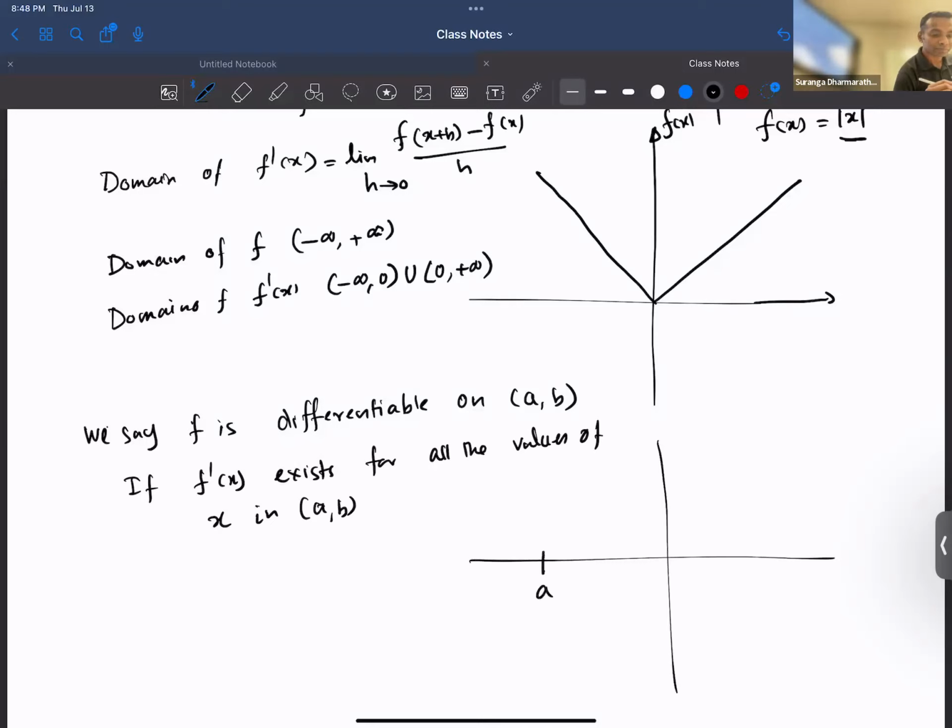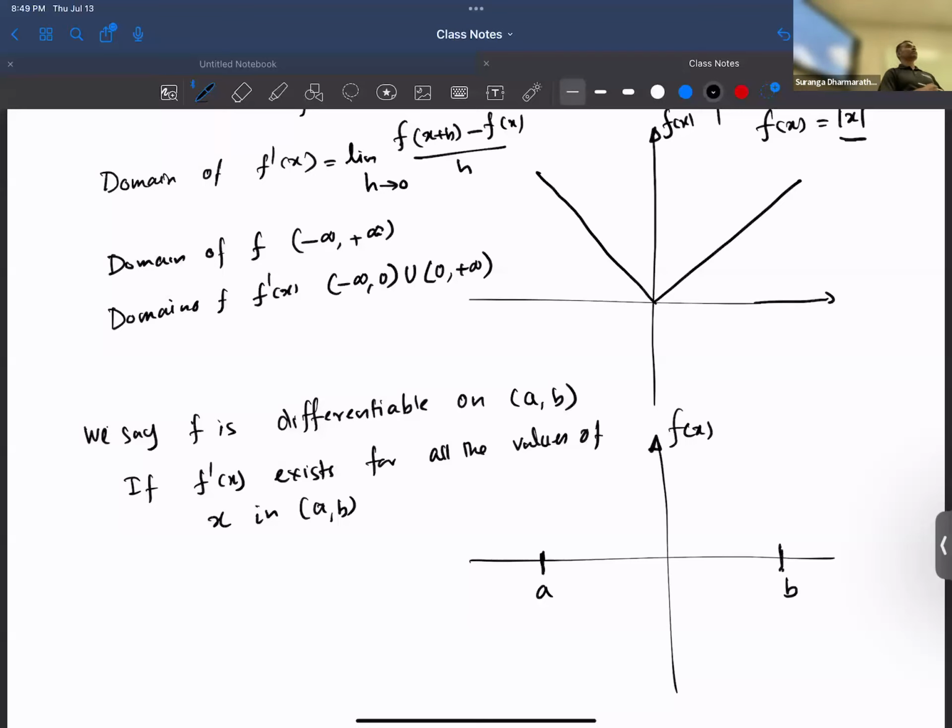You have A to B on the real line, on the x-axis. We say that f is differentiable on AB if f prime exists for all the values.